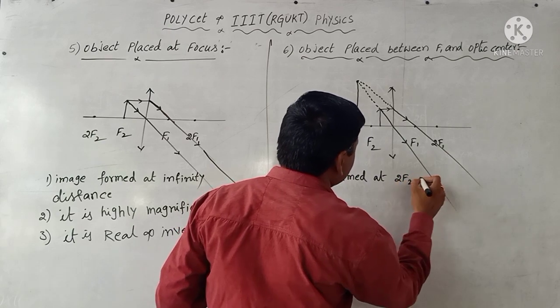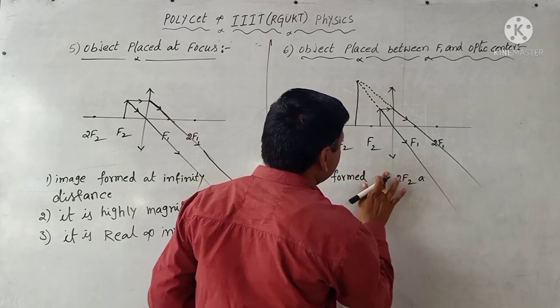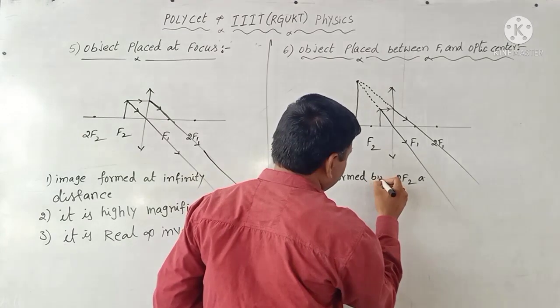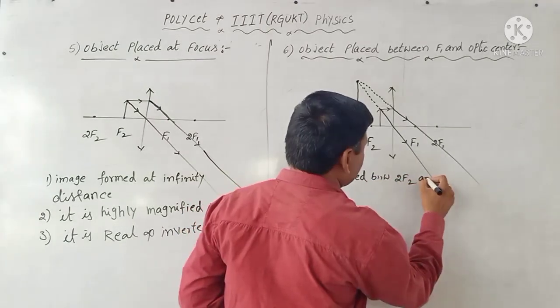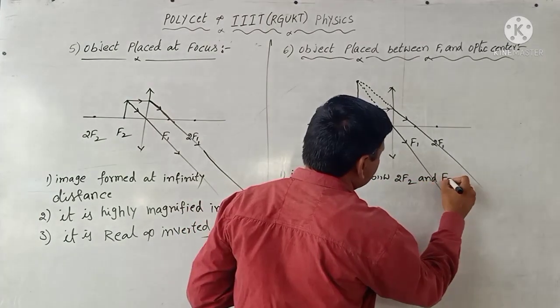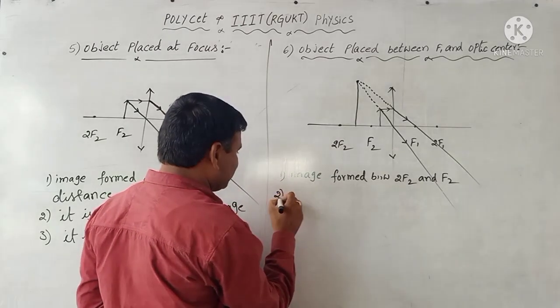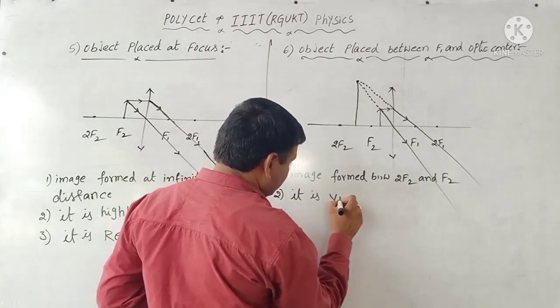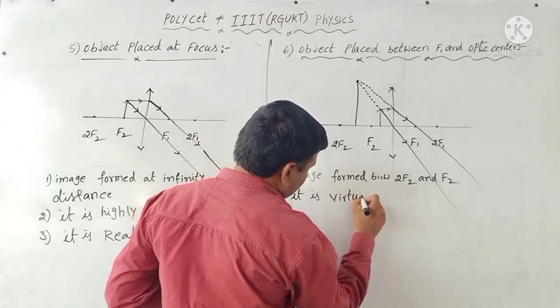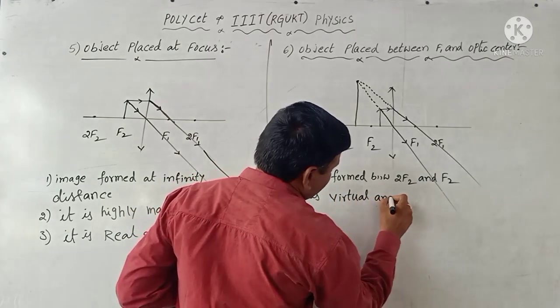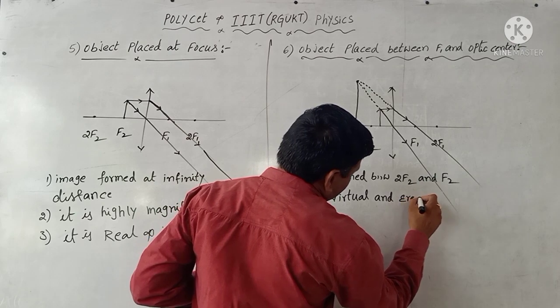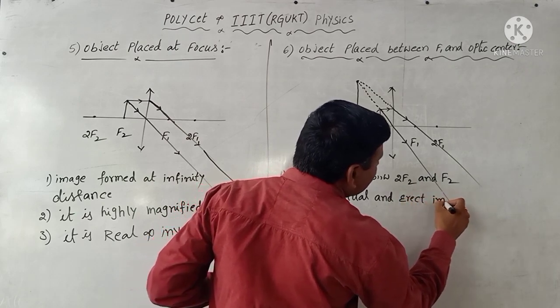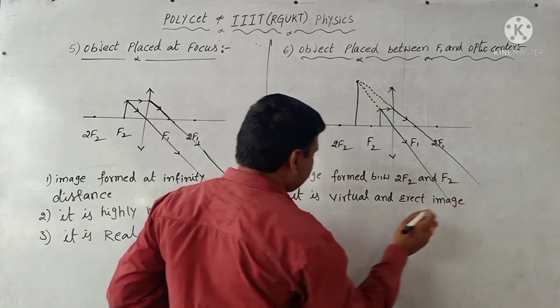So the image is formed between 2f2 and f2. It is a virtual and erect image.